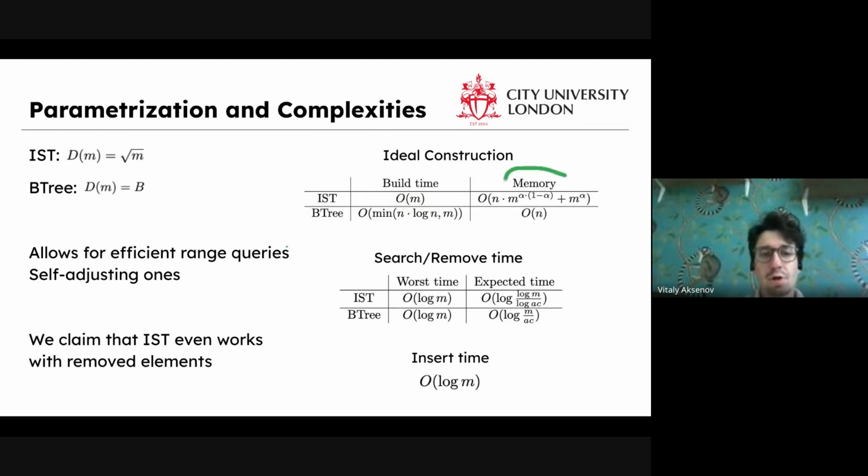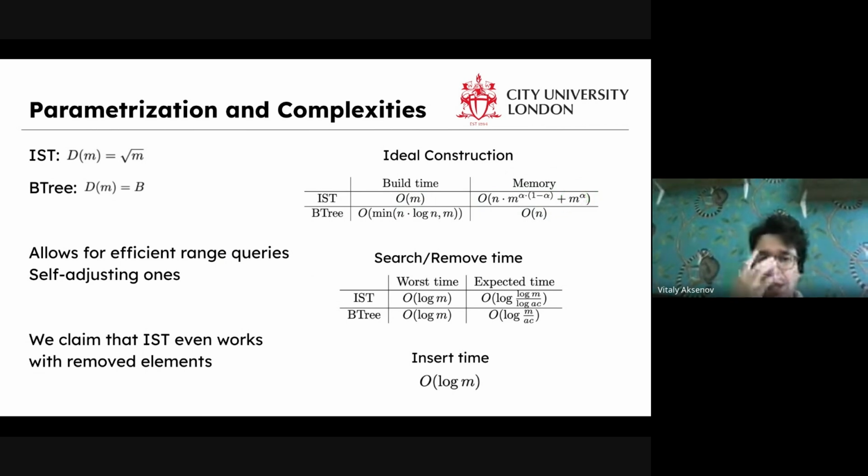The memory is not as good. For the B-tree, the memory is linear, while in the interpolation search tree our memory will be bigger because we have this ID array, which can be quite large depending on what we choose. Here we chose m to the power of alpha.